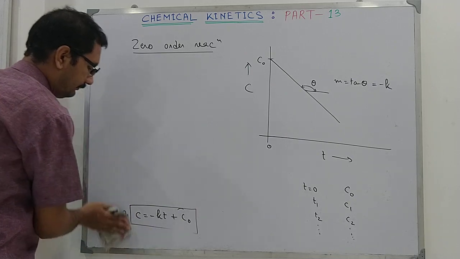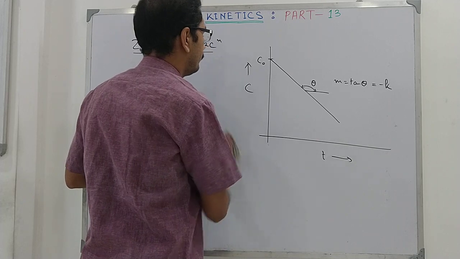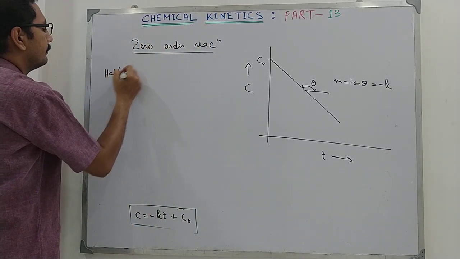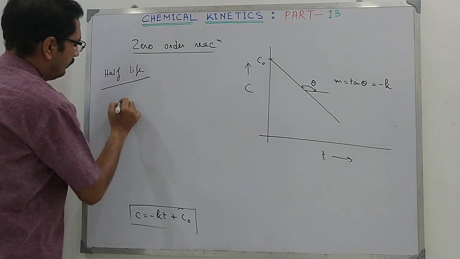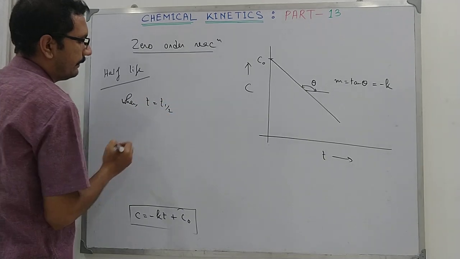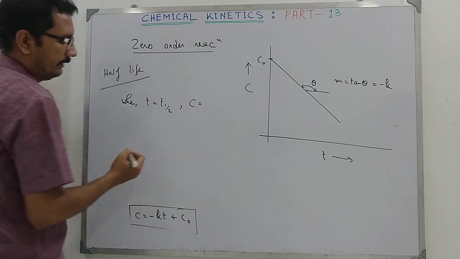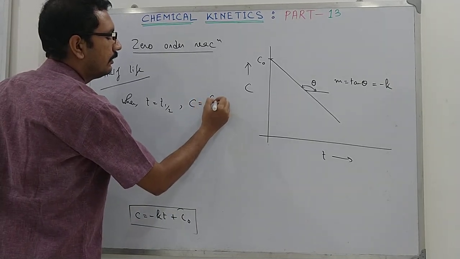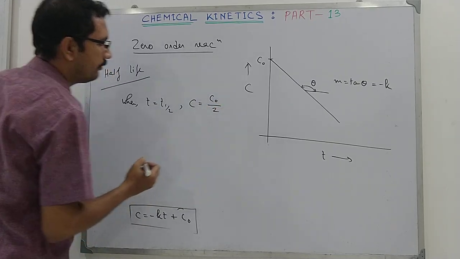Now let us find the half-life for a zero order reaction. When t equals the half-life, we have the remaining concentration C to be 50% of the initial concentration. So it is 50 by 100 of C0, so it is C0 by 2.